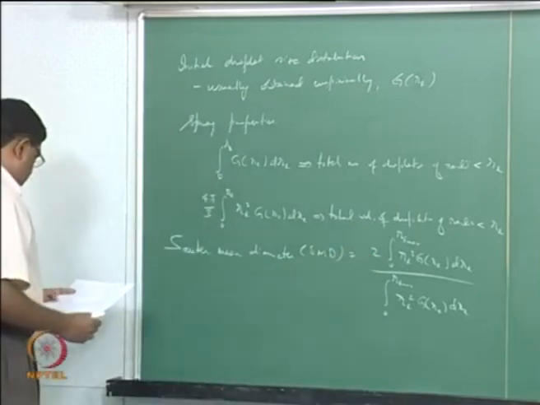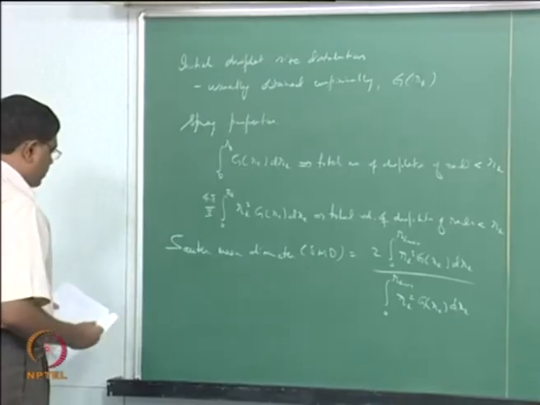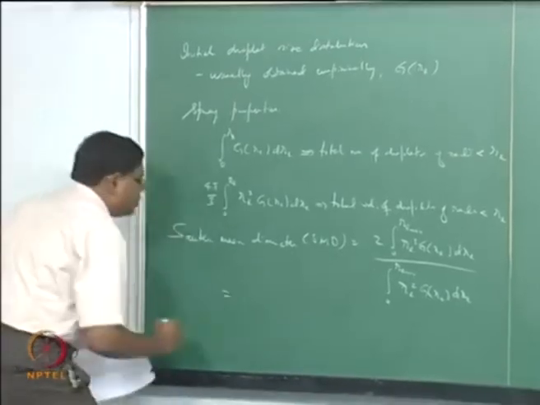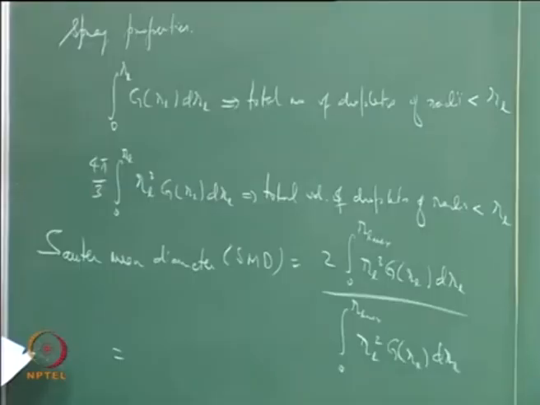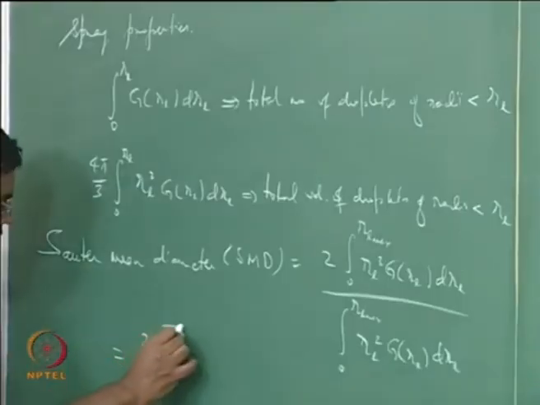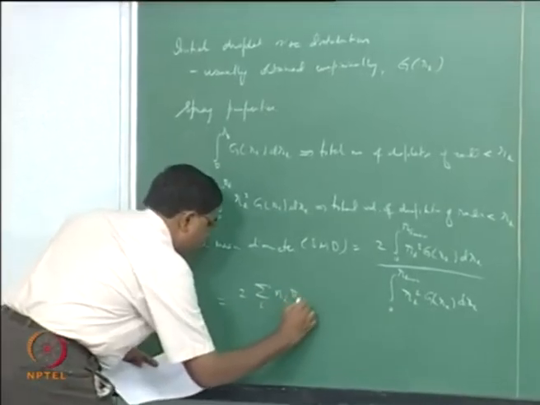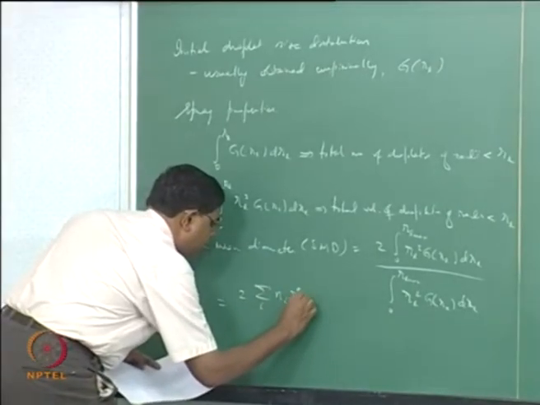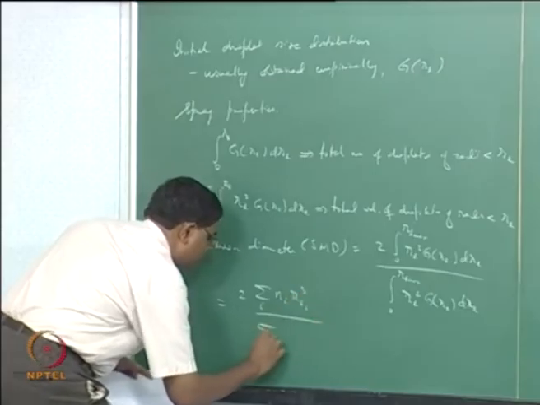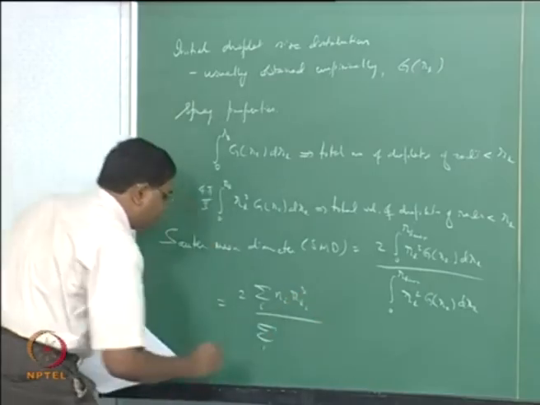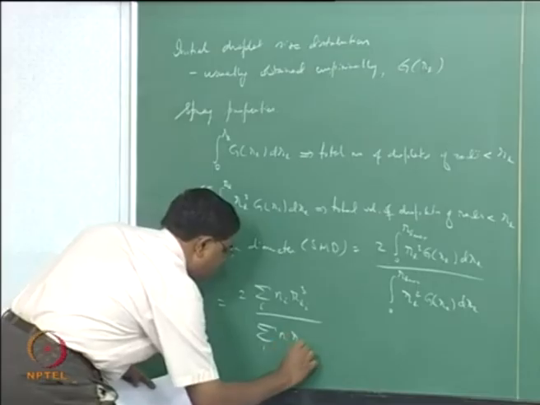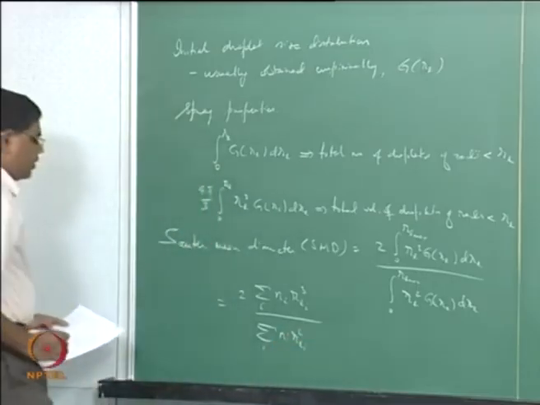Essentially, there is one more way by which you can define this, which could be more familiar, that is twice sigma over all i of Ni RLi cubed divided by sigma over all i of Ni RLi squared.